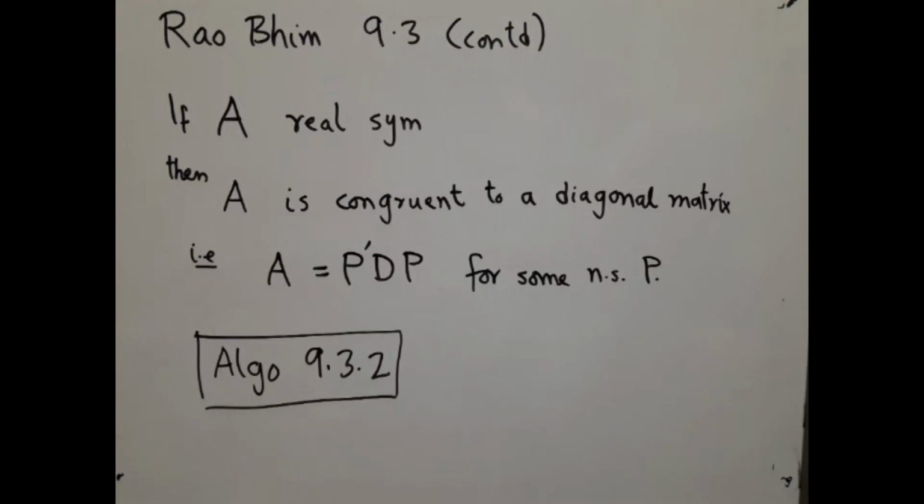So, instead of explaining the way algorithm 9.3.2 has been explained in the book, I shall explain it in my own way. So, the algorithm may slightly differ from what they have given. In fact, there are so many equivalent ways of doing the steps. They are not all same, but they will lead to basically the same result.